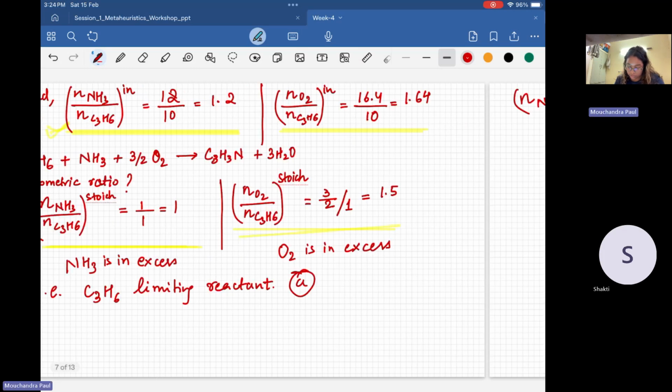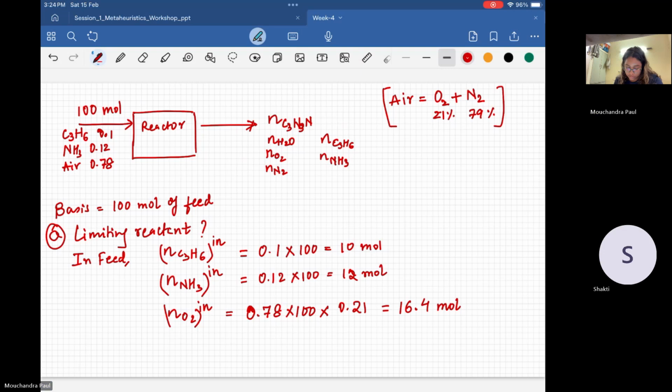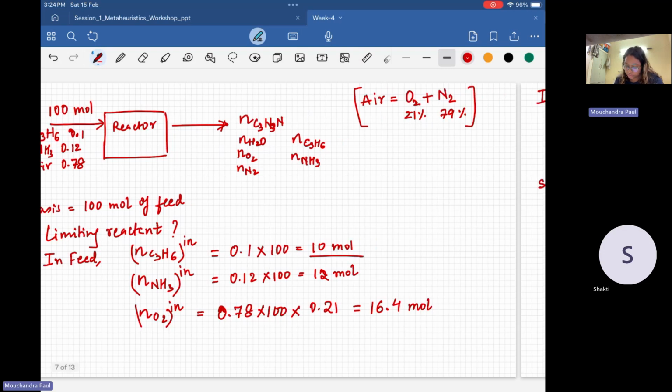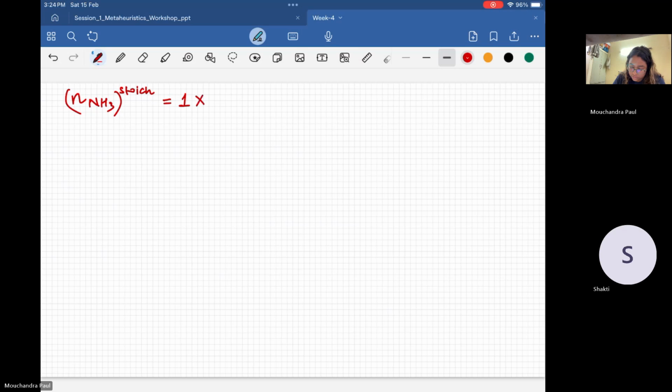And how much propylene is there in the feed? It is 10 moles. So stoichiometrically, we need only 10 moles of ammonia for the reaction to complete.